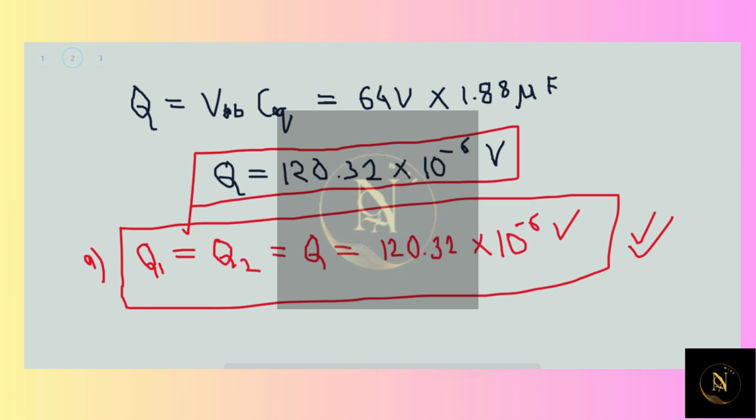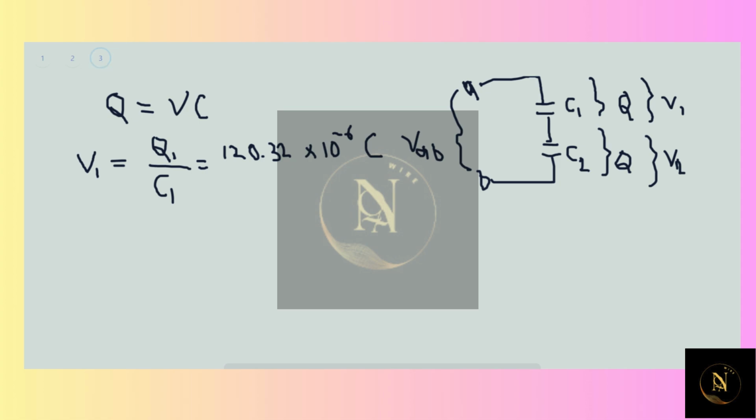I'm sorry, I think I wrote volt earlier. It should be coulomb instead, since the unit for charge is coulomb. So it's 120.32 microcoulomb. That's the charge, divided by the capacitance of the capacitor C1, which is 3 microfarad, so 3 times 10 raised to negative 6 farad.